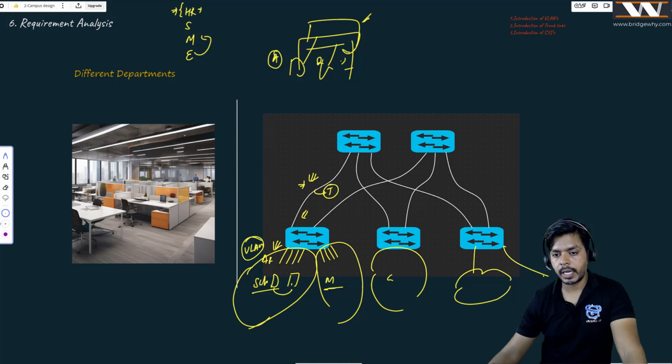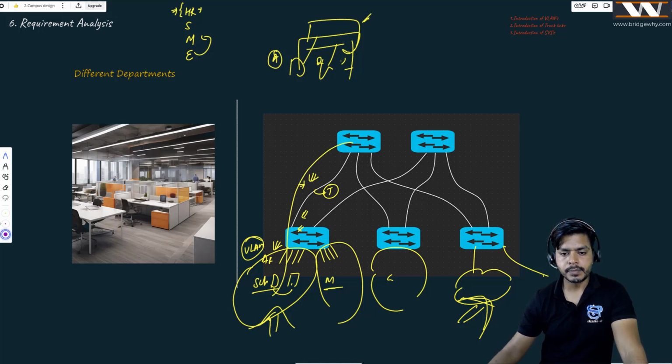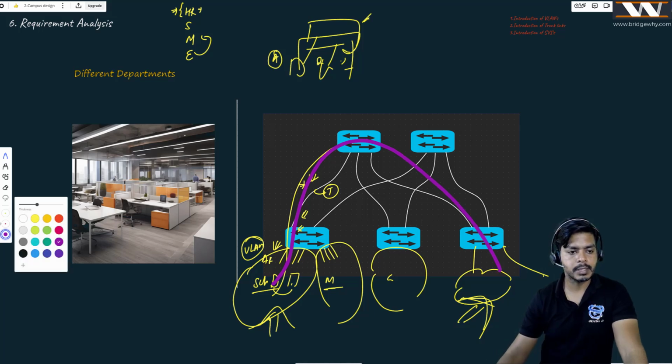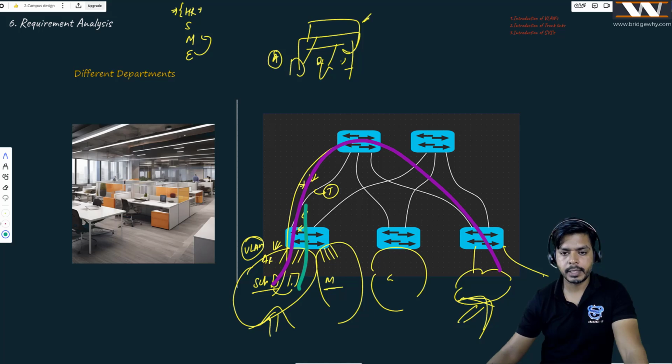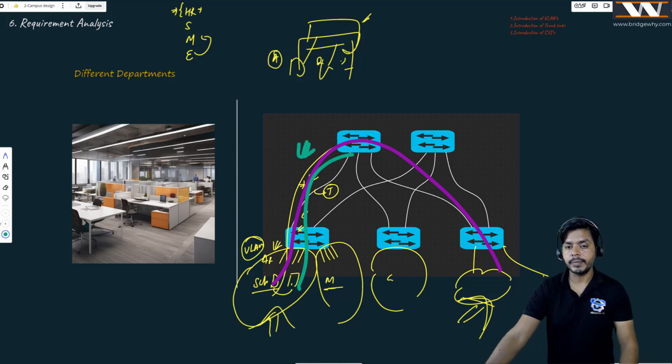So if somebody from here wants to communicate with somebody here, the traffic path is going to be like this, right? Sales traffic path. Maybe the marketing traffic path is a little bit again like this. So this link is carrying traffic of multiple VLANs. If that is the case, this is the trunk. See how easy it is for you because you understand VLANs, right?